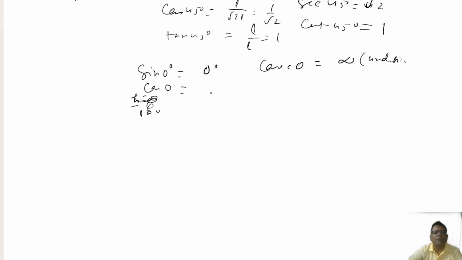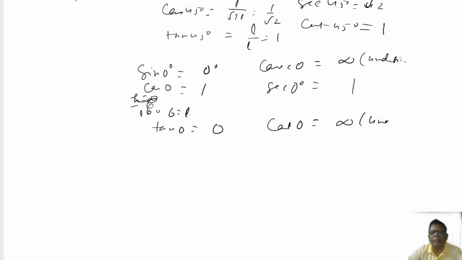Cos 0 degree, only base is equal to hypotenuse. So this will be 1. Then what will be sec 0 degree? That is also 1. What will be tan 0 degree? Height becomes 0, so it will be 0. What will be cot 0 degree? Cot 0 degree is infinity, undefined.